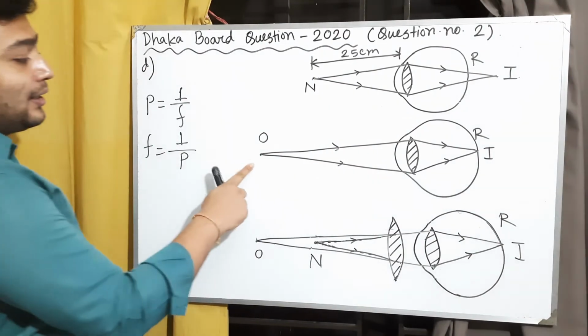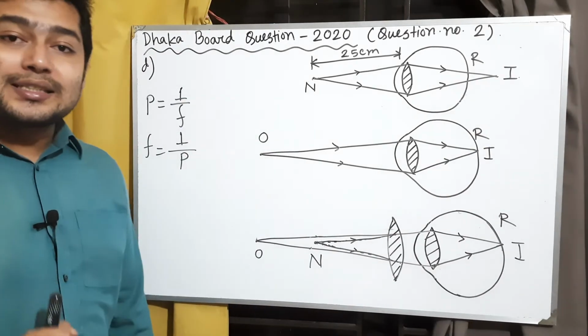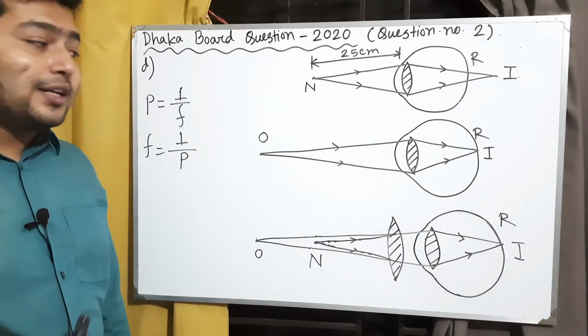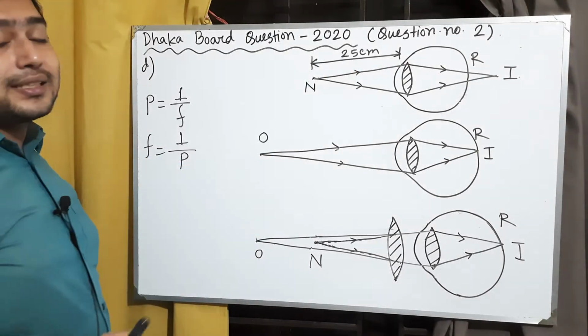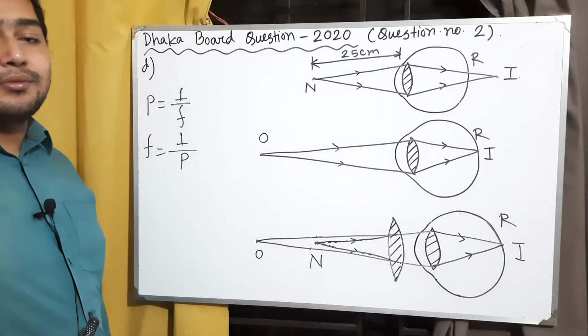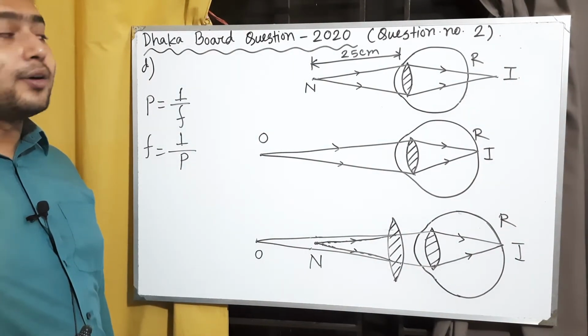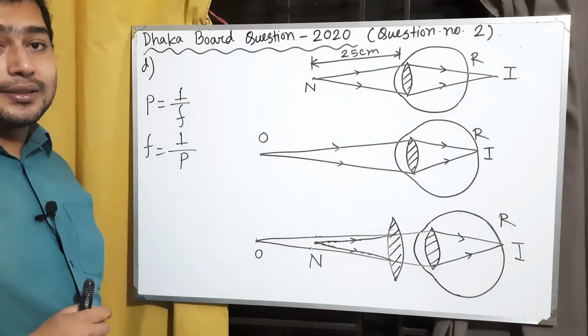Here the point O is her near distinct point, which is greater than 25 centimeters.